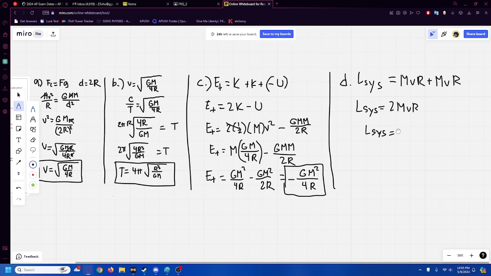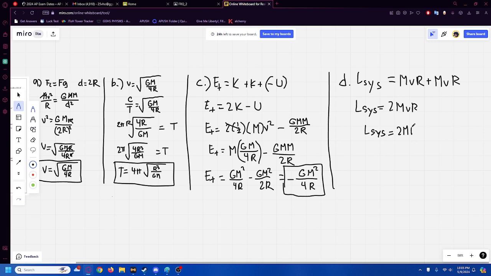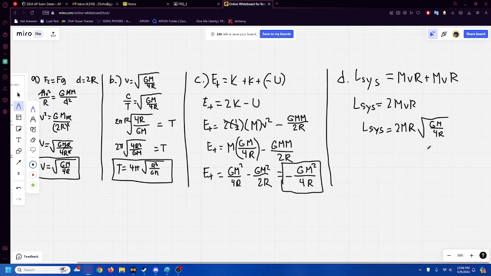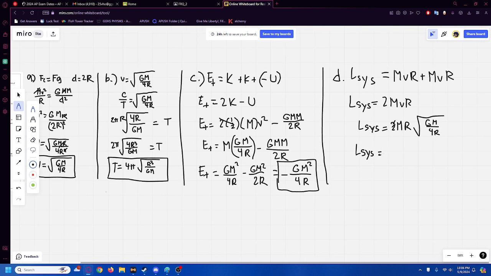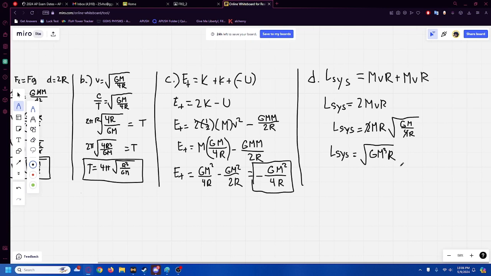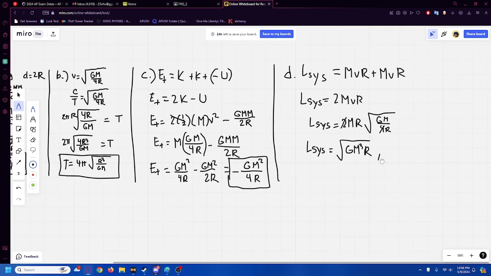We can substitute the v for the square root of GM over 4r. This 2 and the 4 cancel out, and then you can multiply this in, so it'll be m squared and r squared inside the radical, so the square root of GM cubed r, and the direction of this would be clockwise.